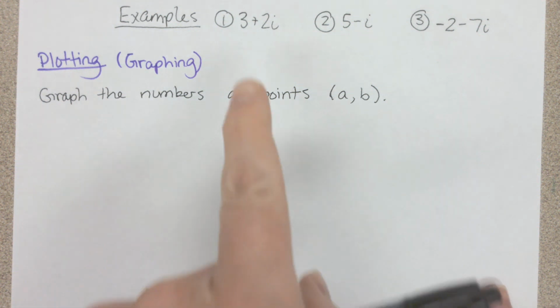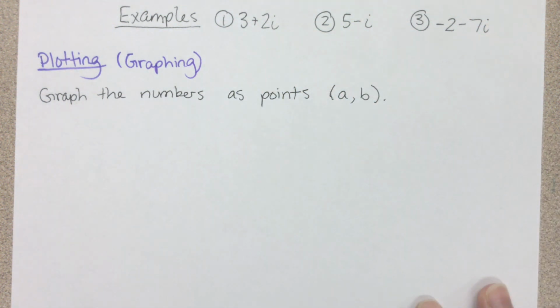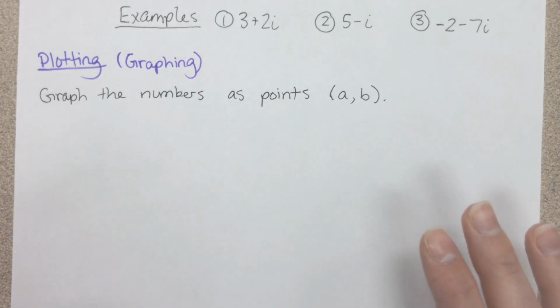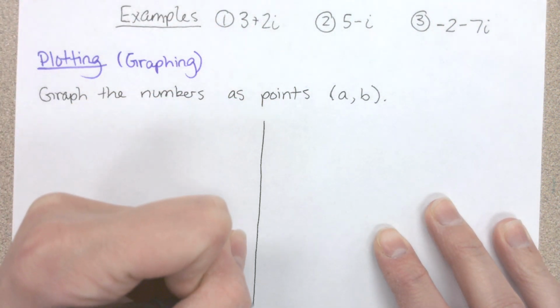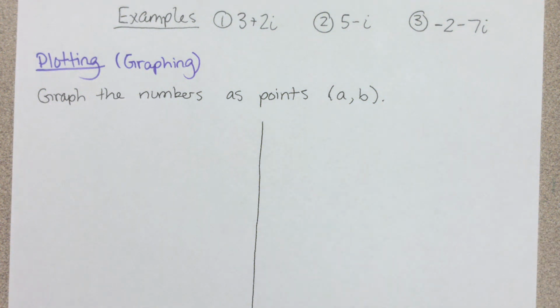But we only need to go out as far as 7 on all sides since that's our highest number. So that's how big I'll make my axes. So take a moment and draw these going out to 7 on all sides.